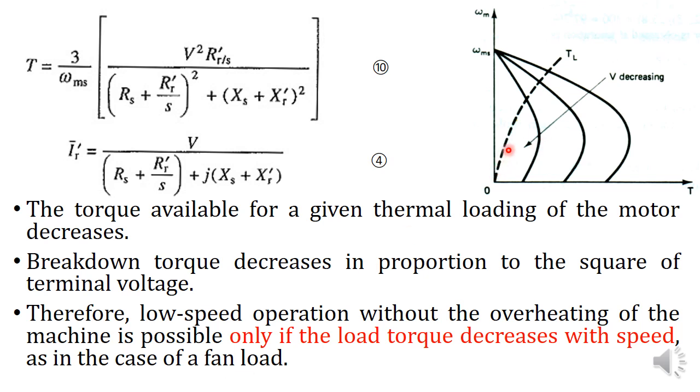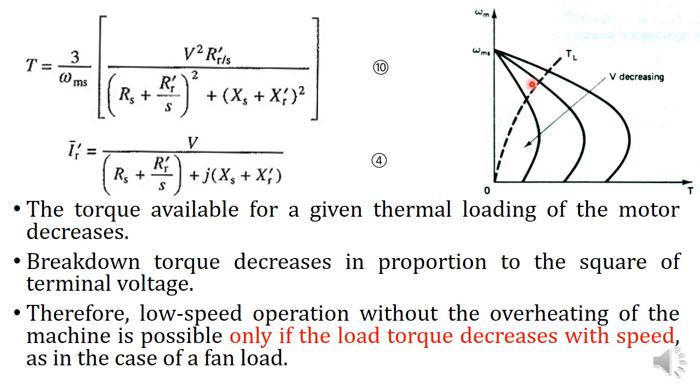You can see here a dotted line is shown. This indicates the load torque curve of a fan load. Here you can see for rated speed operation or for high speed operation, the load torque is high. When the speed decreases, the load torque also decreases.